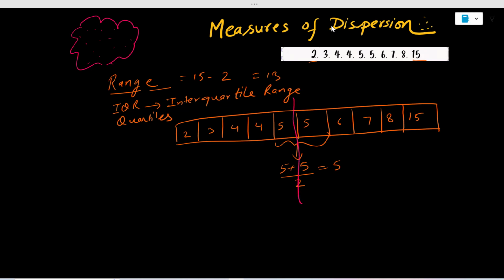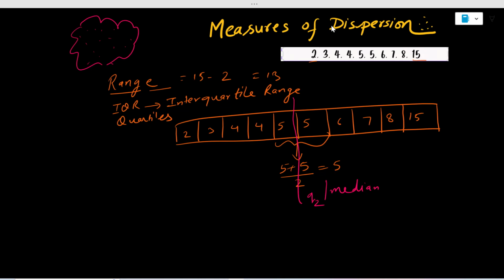Median is also called the second quartile, Q2, and it divides the data into two equal halves, 50% below it and 50% above it.